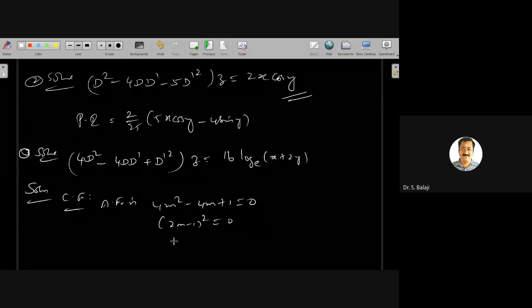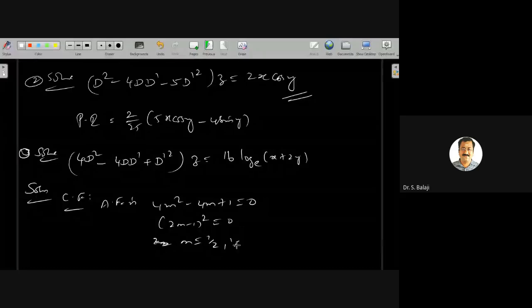So 2m minus 1, 2m minus 1 equal to 0, and m equal to 1 by 2, 1 by 2. The roots are 1 by 2, 1 by 2.